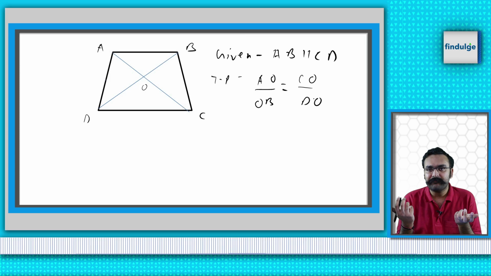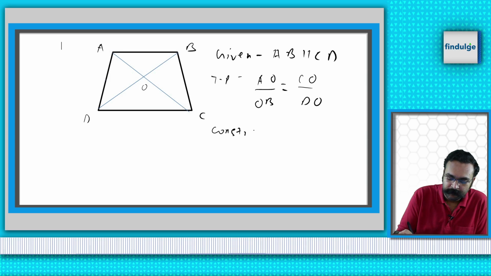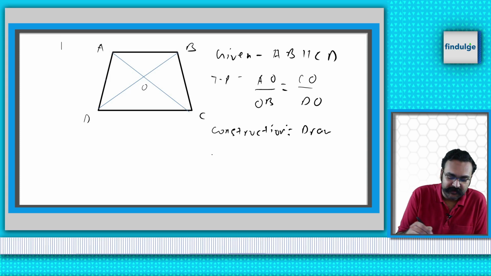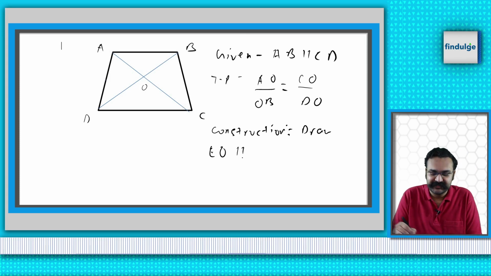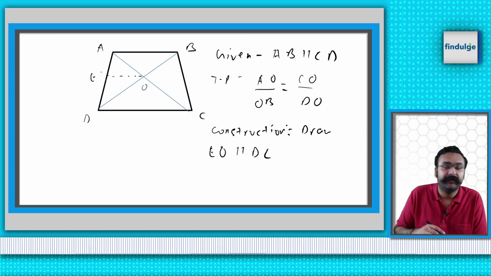So whenever we have parallel lines and we have ratios given, it's another hint that it's a BPT question. And what we're going to do is a very simple construction, where we draw EO parallel to DC, where E is on the side of AD.